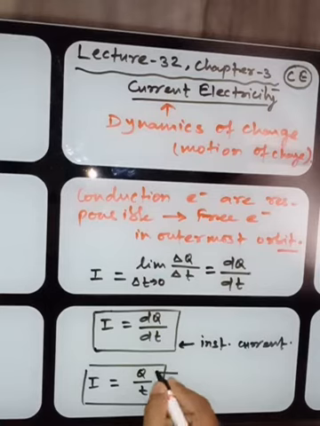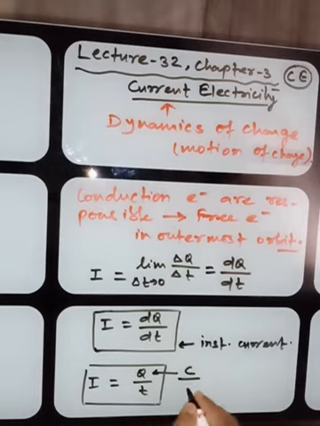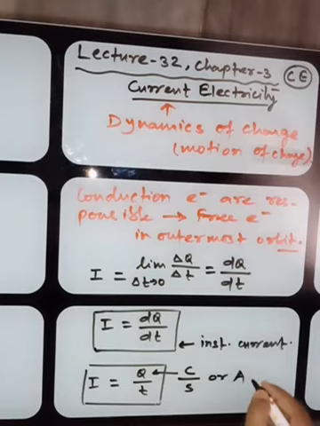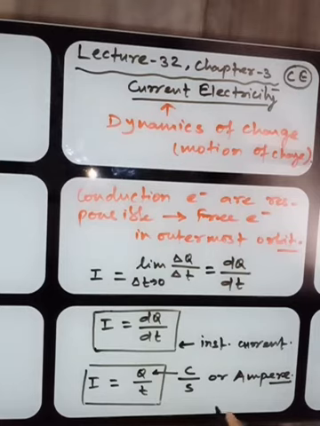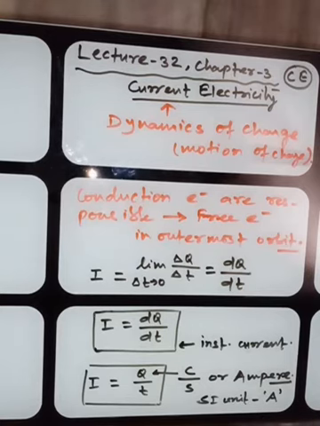Of course, students, the SI unit of current will be coulomb per second, which is equivalent to the ampere. We'll use the SI unit of electric current as capital A. This will be the SI unit of electric current, which is the ampere.